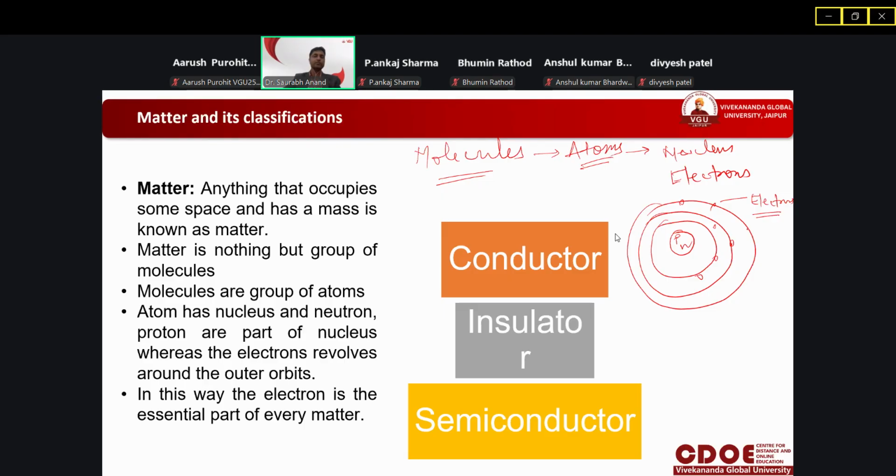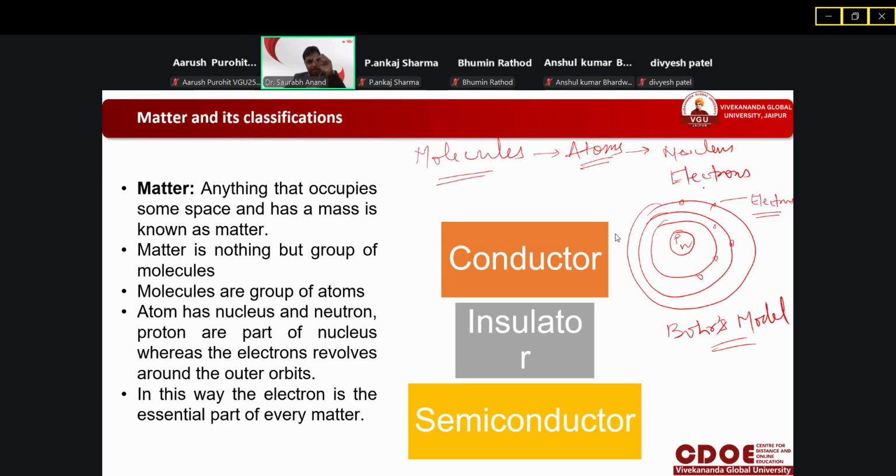This is known as Bohr's model, developed by the scientist Bohr, in which he discovered that inside one atom there is a center known as the nucleus, and electrons moving in circular paths known as orbits.